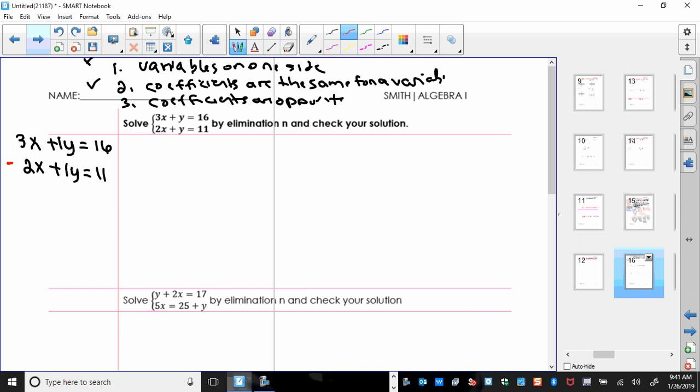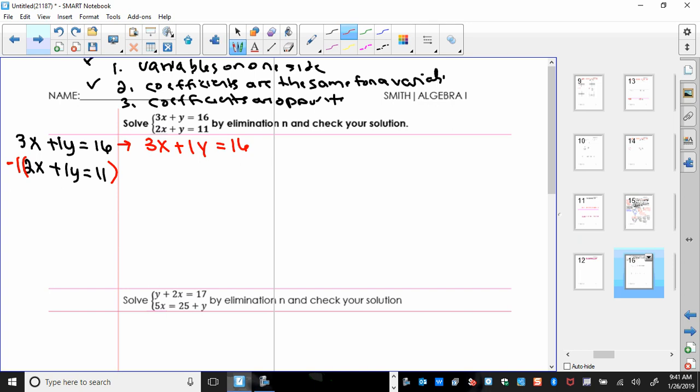And when I do, I'm multiplying this whole equation by -1, and it's going to change the sign of each term inside of this equation. So what happens is I get 3x plus 1y. I did nothing to this equation. It's fine as it is. All I need is that negative on the bottom.